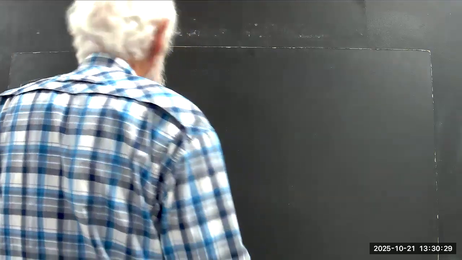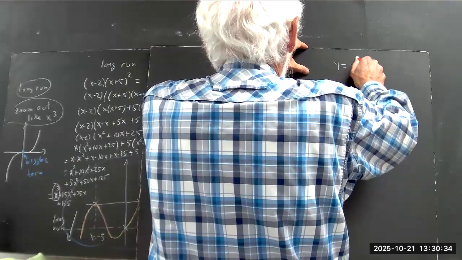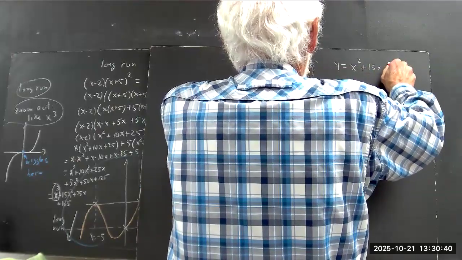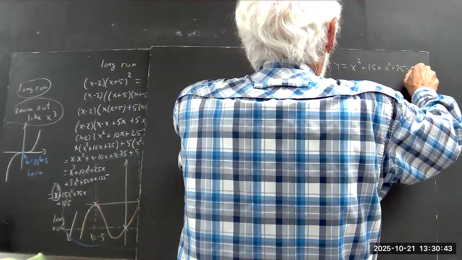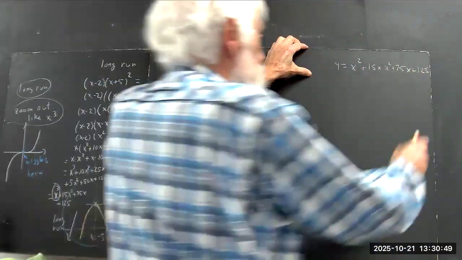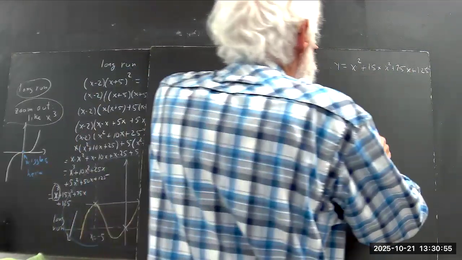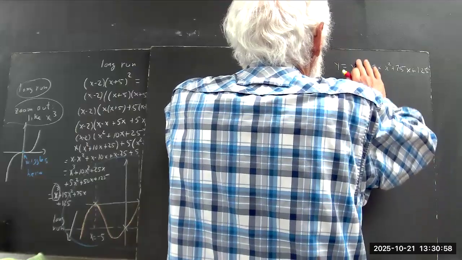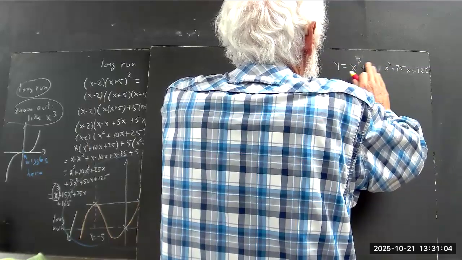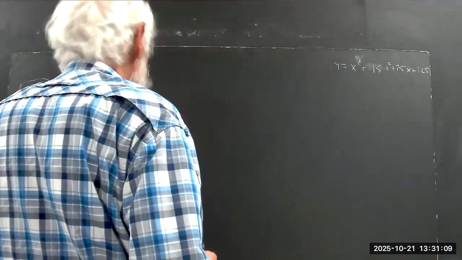Okay, so let's say we've got y equals this, x cubed plus 15x squared plus 75x plus 125.